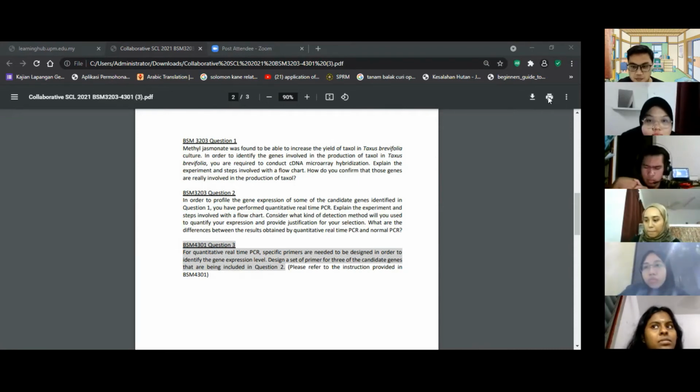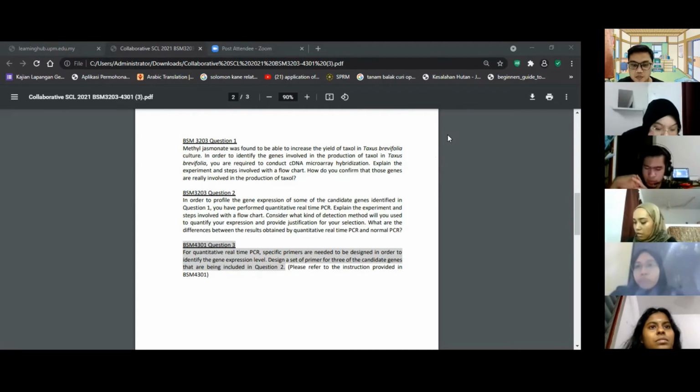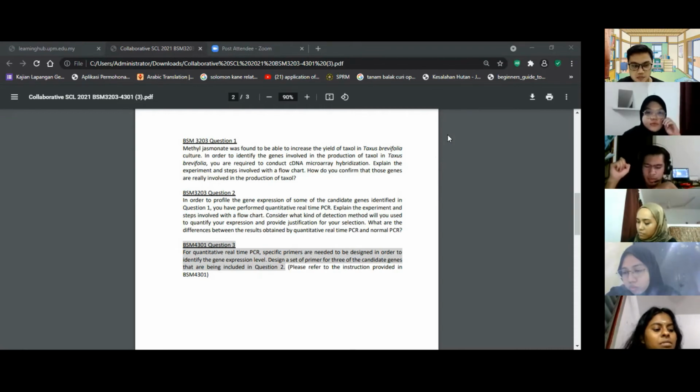So my opinion is using SYBR green, which uses a fluorescent dye marker for detection. I think it is suitable because the fluorescent dye can produce a signal that is indirect with the DNA synthesis process. Yeah, I agree.